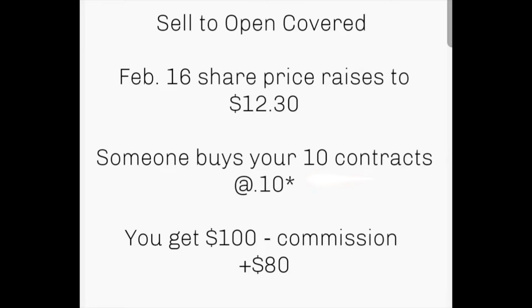That's because as the share price gets closer to the strike price of a contract, the actual contract's value goes up. Now, there's a way to determine that using all the different Greeks, but it's a little bit complicated, so I'll go over that in another video. But for this example, we'll say someone buys your 10 contracts at 10 cents each, so you're going to get $100 minus your commission.